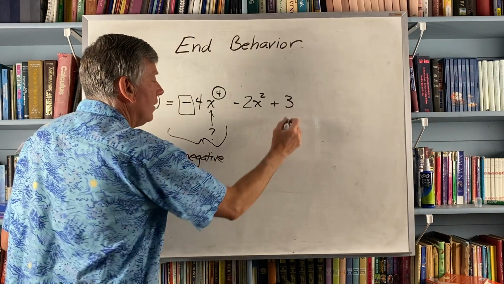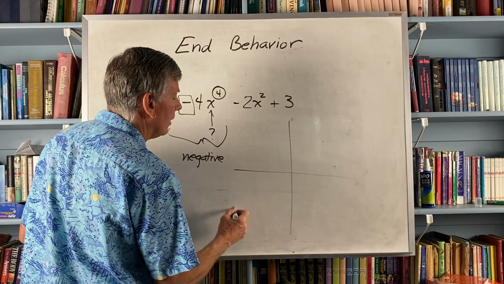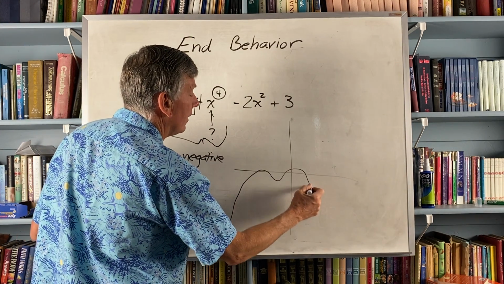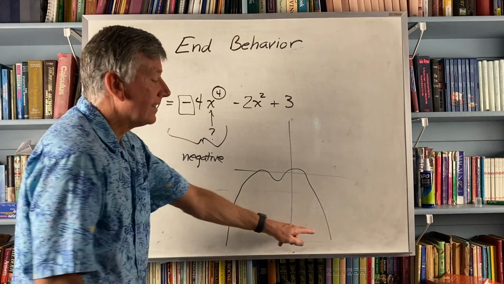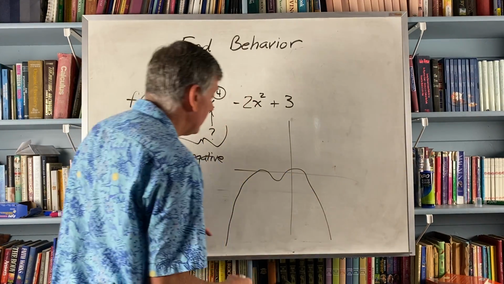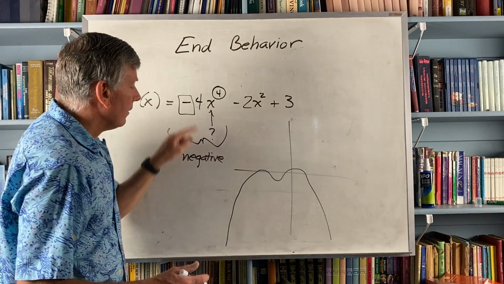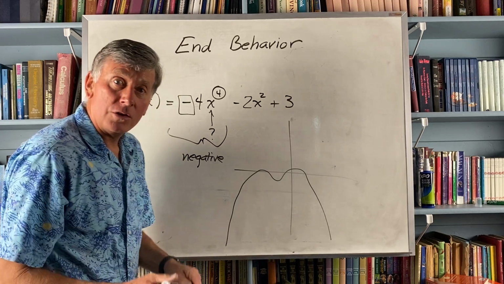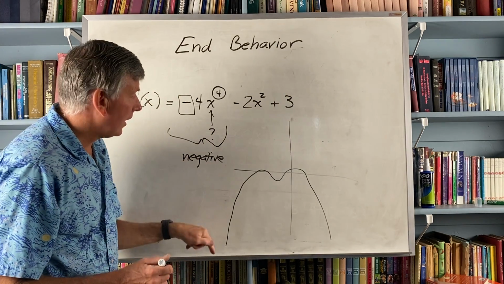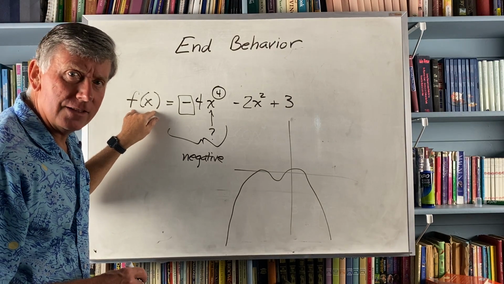And so our function is going to come up from below, do whatever it does, and then it's going to go back down again as x gets large positively. You see what I mean? That negative forces end behavior in the negative direction. The y value will be negative.